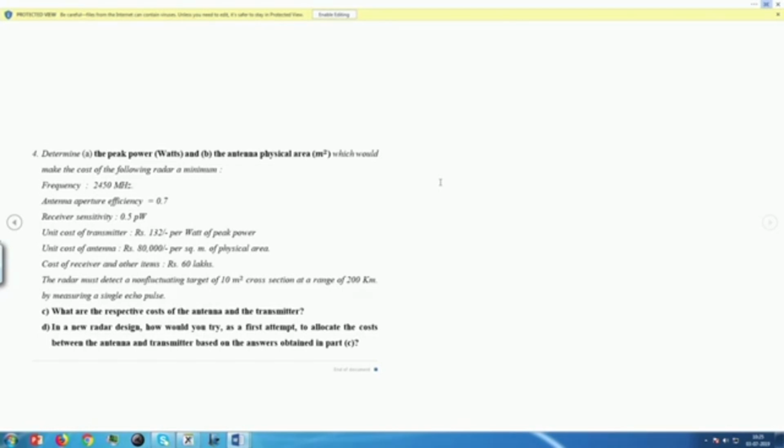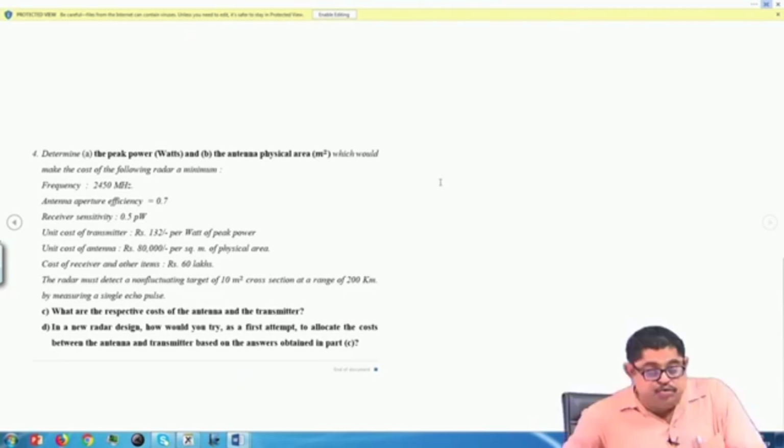Determine the peak power and the antenna physical area which would make the cost of the following radar a minimum. So, frequency is given, antenna aperture efficiency is given, receiver sensitivity is given, unit cost of transmitter is rupees 132 per watt of peak power, unit cost of antenna 80,000 rupees per square meter of physical area, cost of receiver and other cables etc., other items 60 lakhs.